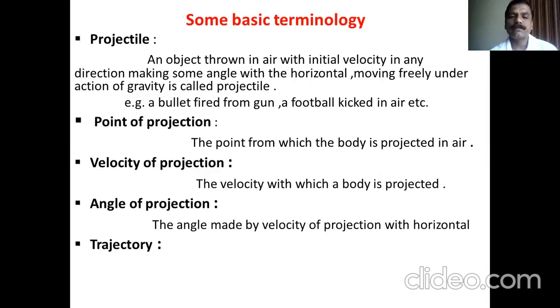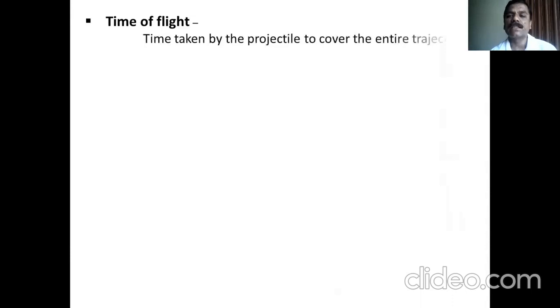Trajectory is the path traveled by the projectile, the path followed by the projectile in space. Time of flight, shown with capital T, is the time taken by the projectile to cover the entire trajectory.